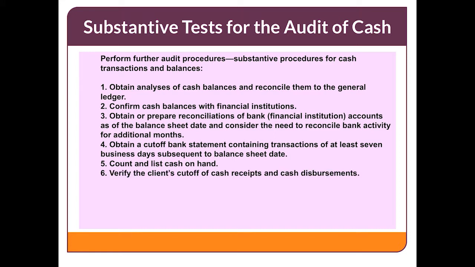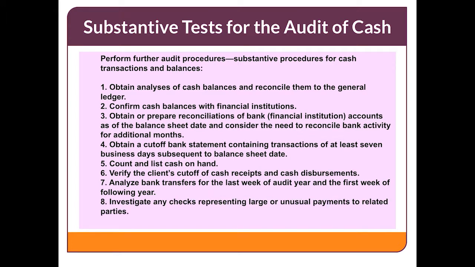Verify the client's cutoff of cash receipts and cash disbursements. 7. Analyze bank transfers for the last week of the audit year and the first week of the following year. 8. Investigate any checks representing large or unusual payments to related parties. And 9. Evaluate the proper financial statement presentation and disclosure of cash.